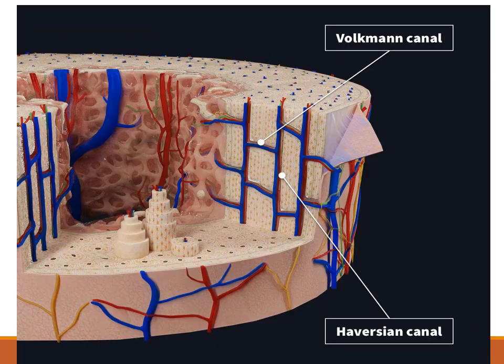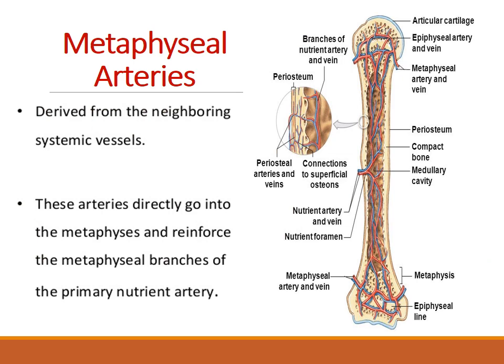So again it is very clear that from the periosteal arteries into the Volkmann canal, the outer 1/3 of the cortex is supplied by the periosteal artery, and the inner 2/3 along with the spongy bone, bone marrow and medullary canal is supplied through the diaphyseal artery and its branches.